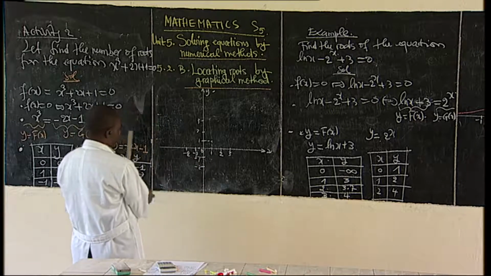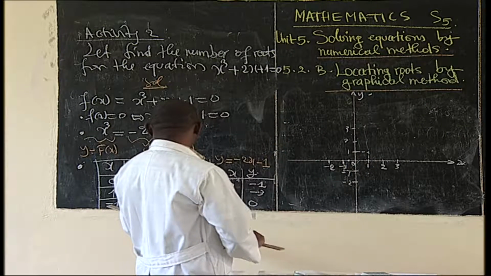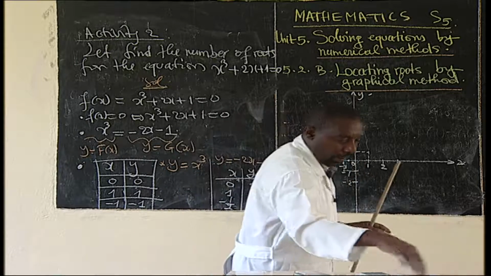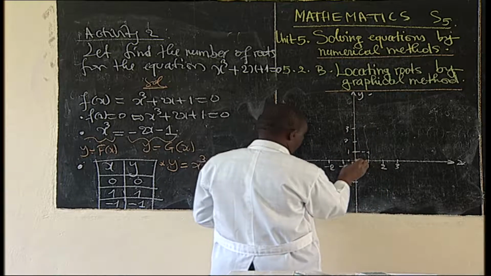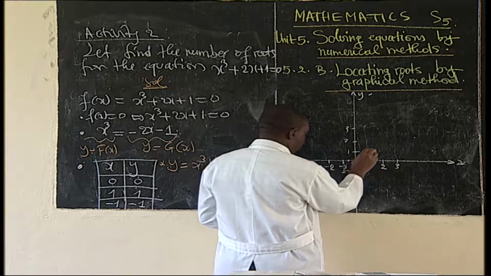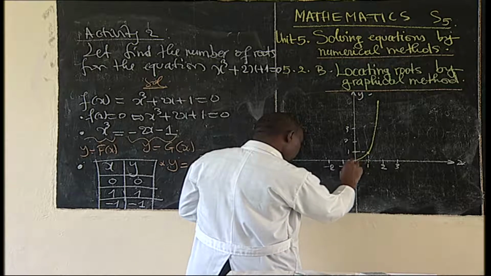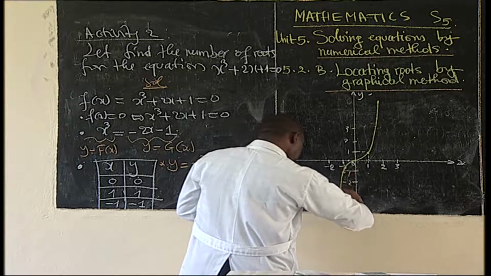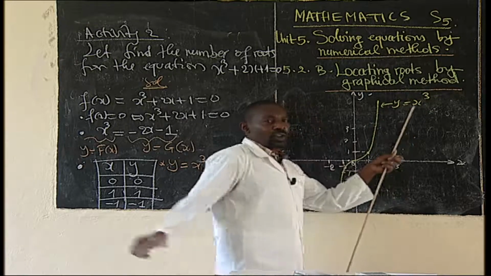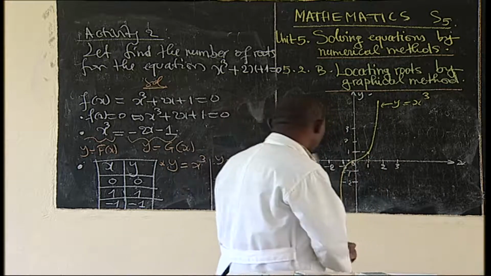We also have -1 and -1, so the curve looks like this. This is y equals x cubed. This is an odd function. The origin is the center of symmetry.